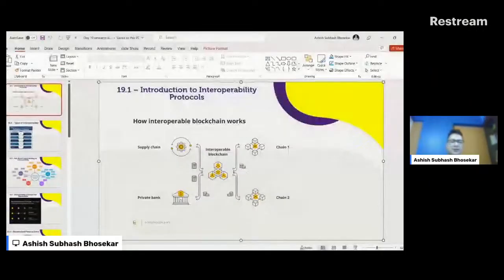So welcome to this wonderful session of the blockchain 31 days series. Today we are diving into a crucial aspect of blockchain technology, that is interoperability. Anything in the world, whether it is any software or any equipment, it has to be interoperable.